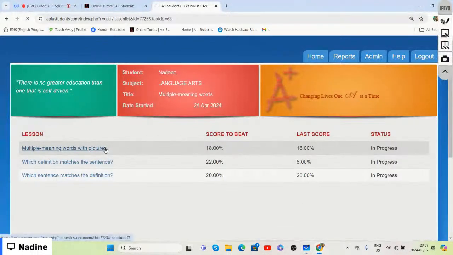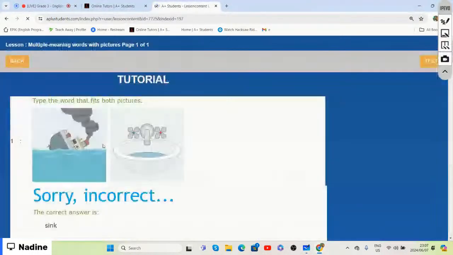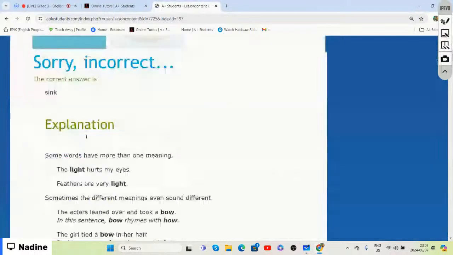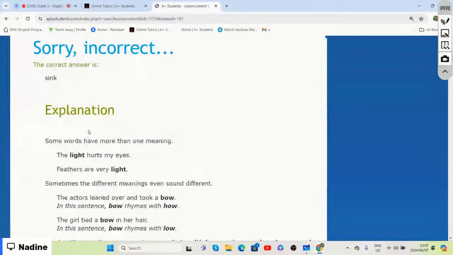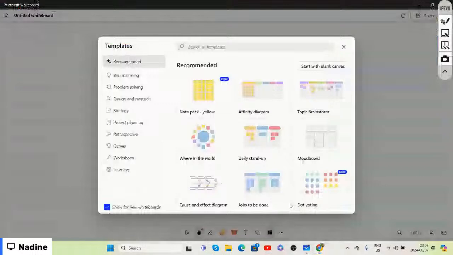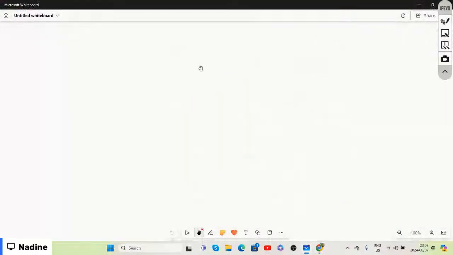So we did multiple meaning words with pictures. And we said multiple meaning words are words with more than one meaning, right? So it's like words that are spelled the same way, but have different meanings.